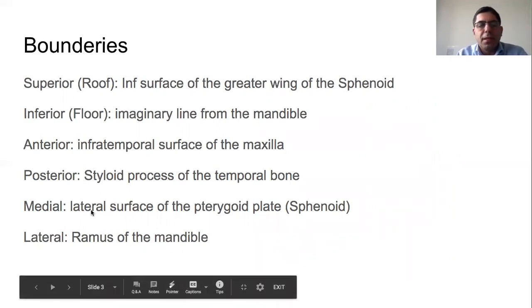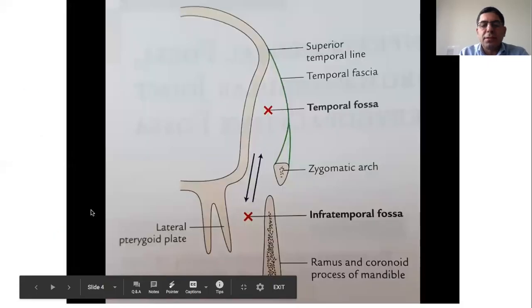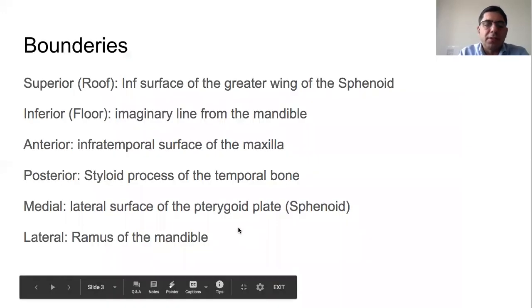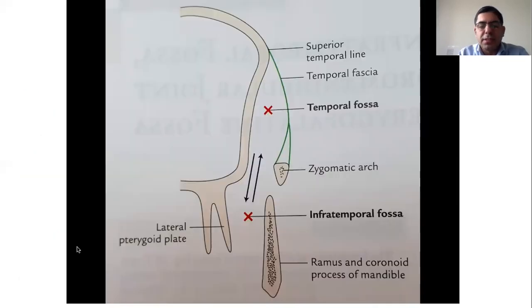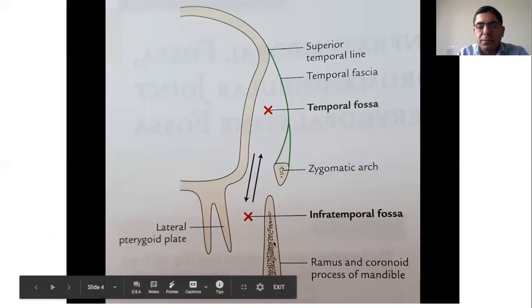Medially is the lateral surface of the lateral pterygoid plate. There are two plates, and here it is the lateral surface of the lateral pterygoid plate. And lateral is the ramus of the mandible. So that's lateral, that's medial, superior, and then inferior is the imaginary line, and then anterior and posterior.